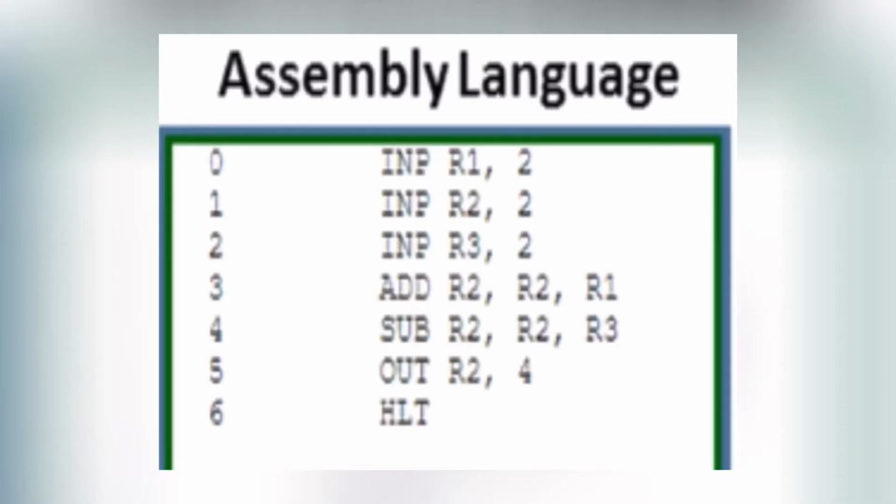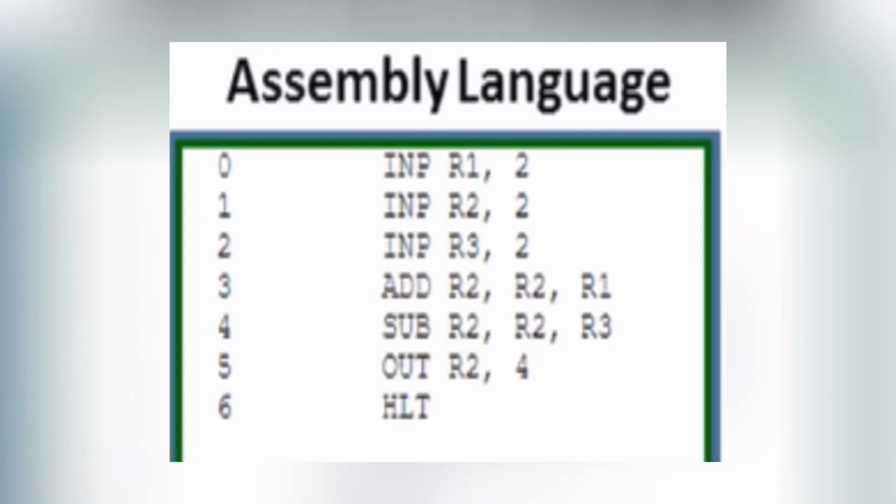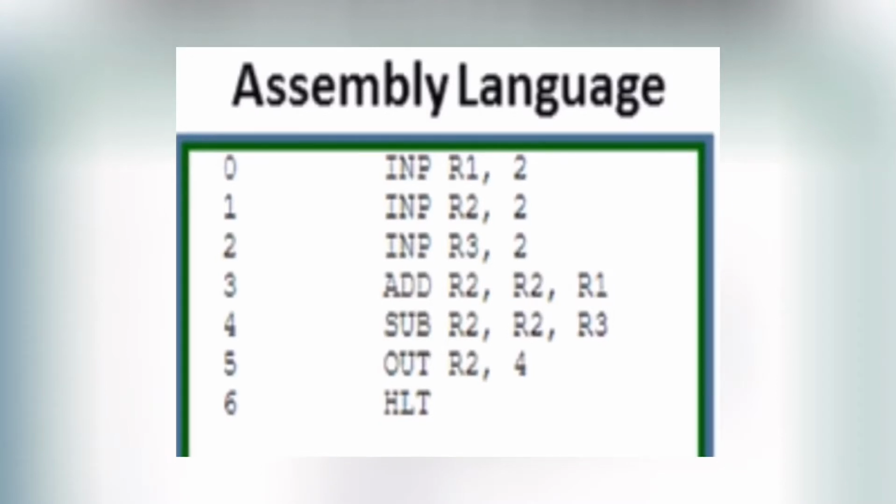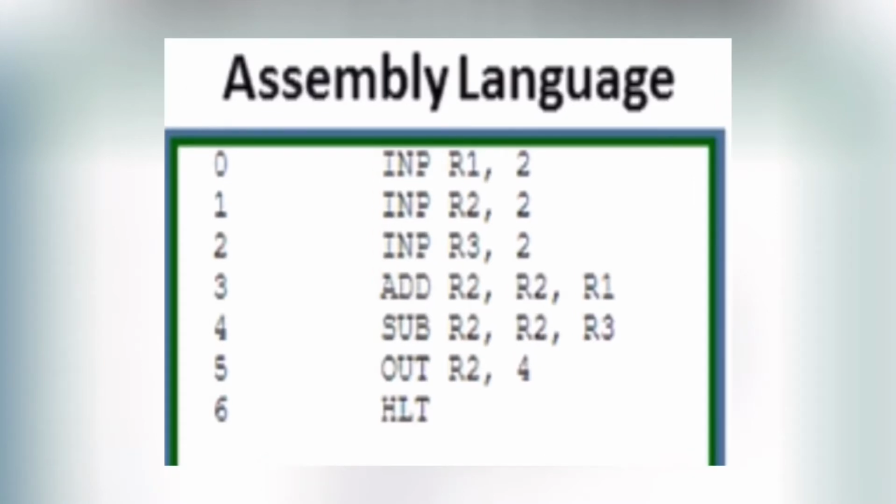The next two instructions are the same, except that you store the data in different registers, R2 and R3. Now add R2, R2, R1 means you take data from R2 and data from R1, add both, and store the answer in R2.